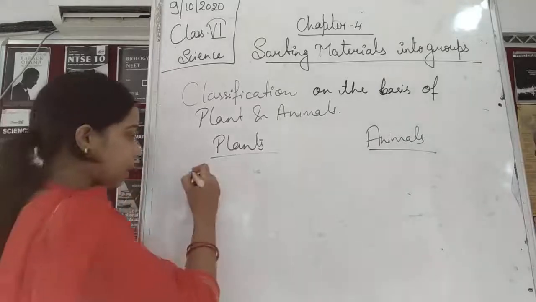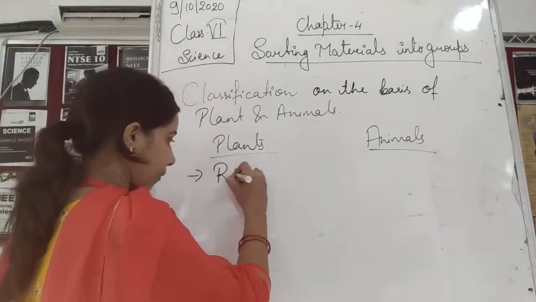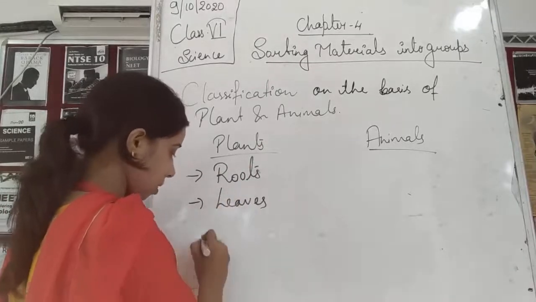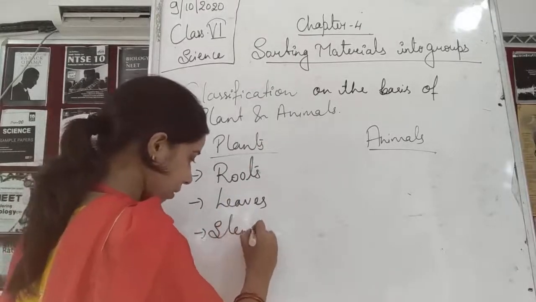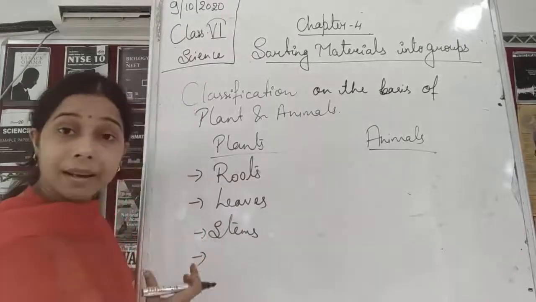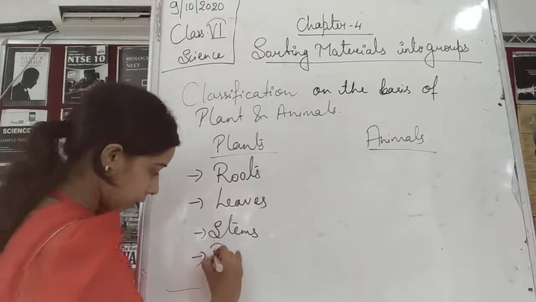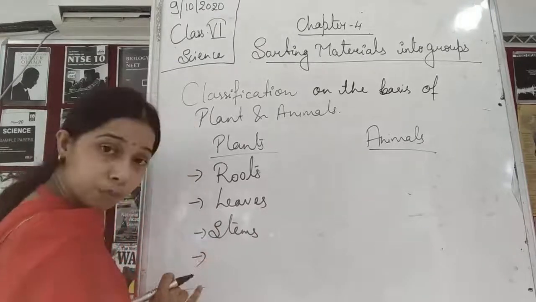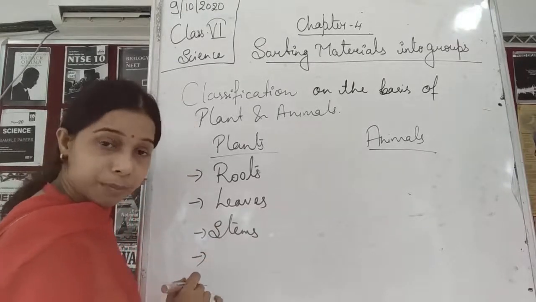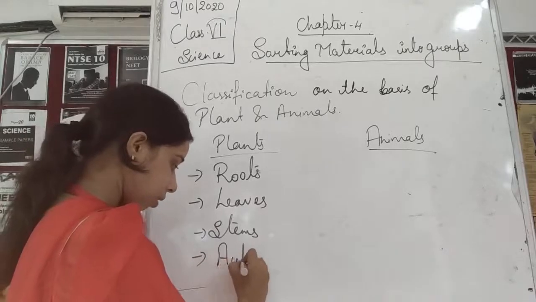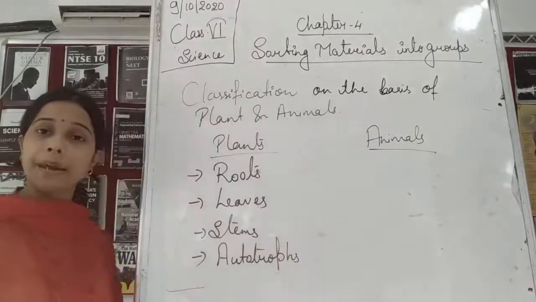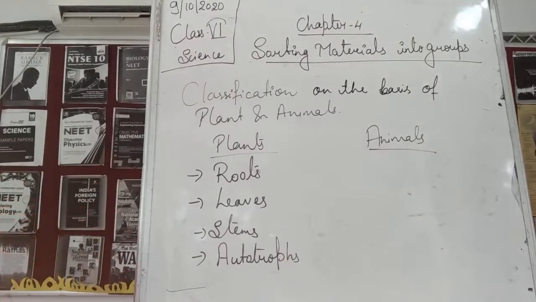A lot of things are there, students, like plants have roots, leaves, and stems. They prepare their own food. So we will use a term for it, that is autotrophs. They prepare their own food. So they are autotrophs.